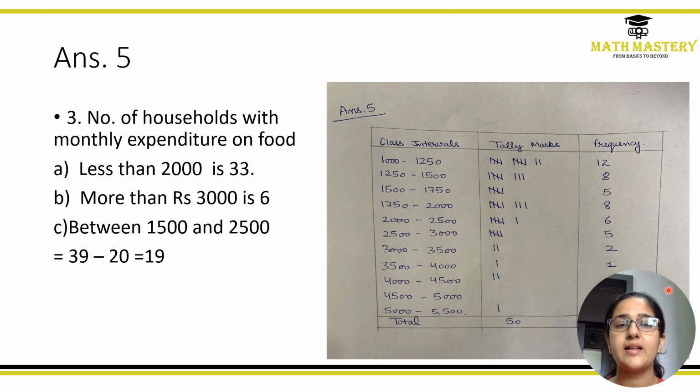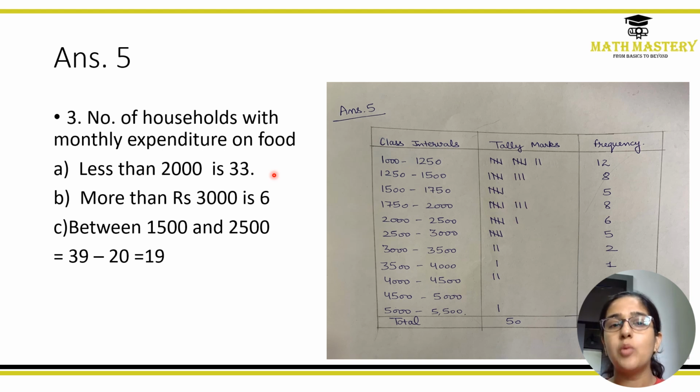The third part is, we have to calculate the number of households with monthly expenditure on food A. less than 2000. When you look at this table, we have to sum up the frequency till 2000 starting from the first class interval. So 12 plus 8 plus 5 plus 8 is equal to 33. So the answer is 33.